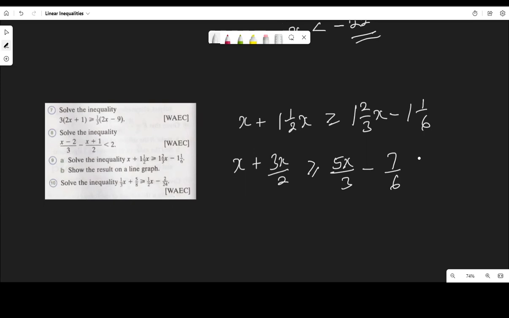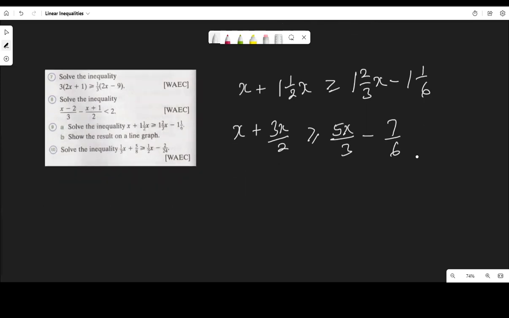To clear the fractions, we're going to multiply each term of this inequality by the LCM of the denominators. The LCM of 2, 3, and 6 is 6 itself. So I'm going to multiply each term of this inequality by 6.